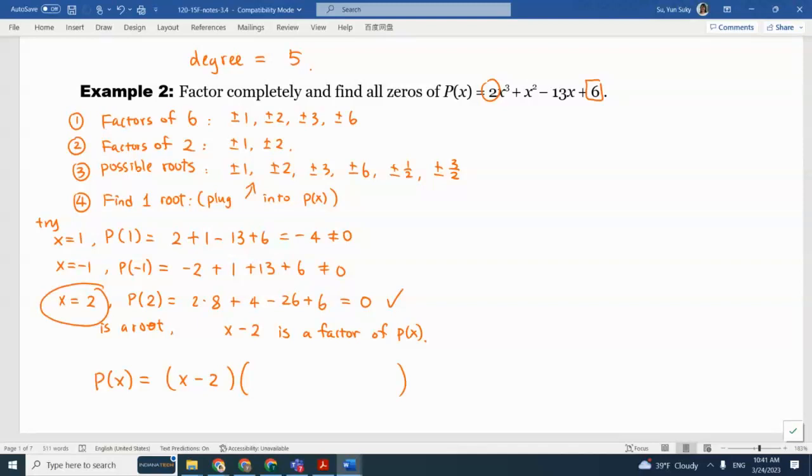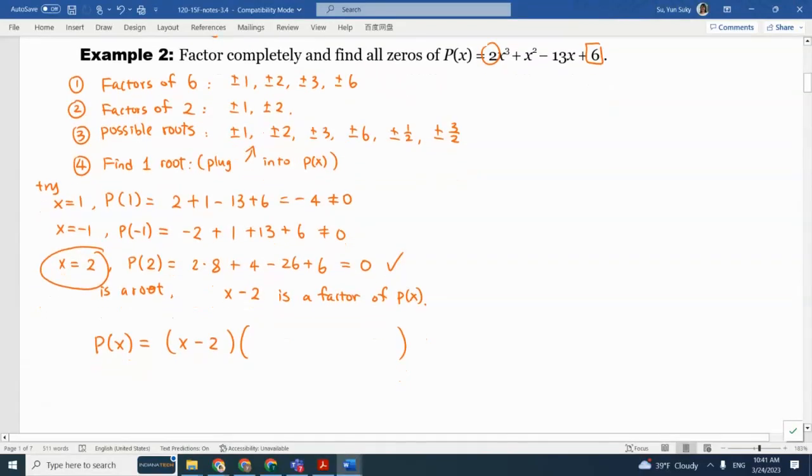What's the degree of the polynomial? 3. This factor is linear, degree 1, and then the other factor you expect should be a quadratic. To find this quadratic factor, you can use long division or synthetic division. But in this case, because this is a linear factor with coefficient 1, it's easier to use synthetic division.